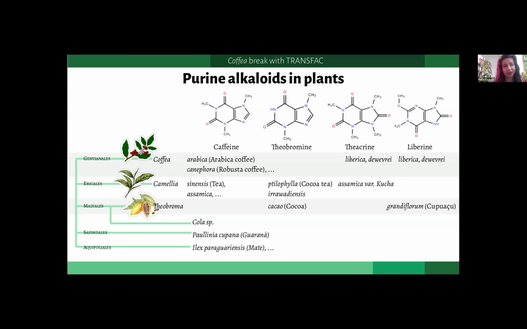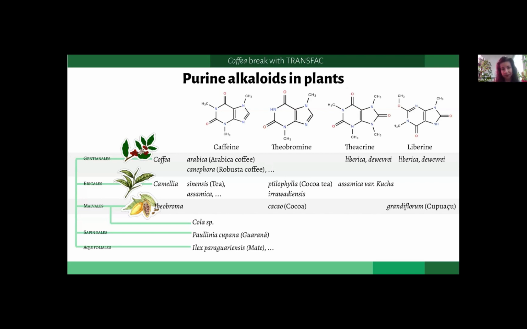What is interesting is that unlike many different types of alkaloids, purine alkaloid biosynthesis evolved separately in distinct lineages of plants, several of which are economically relevant. And plants, even in the same genus, differ in their content of different types of purine alkaloids.